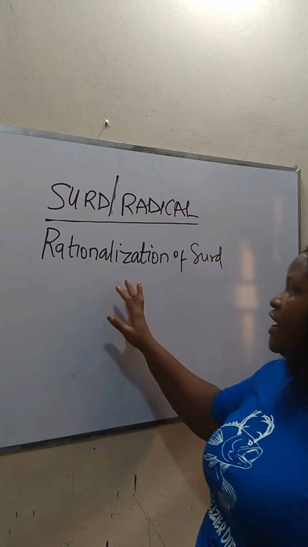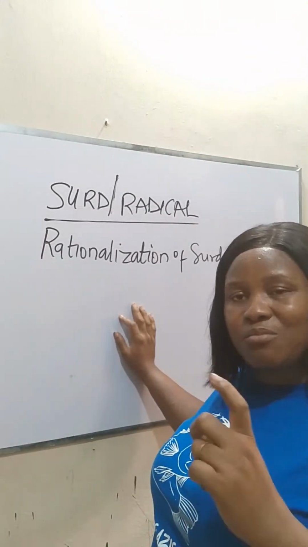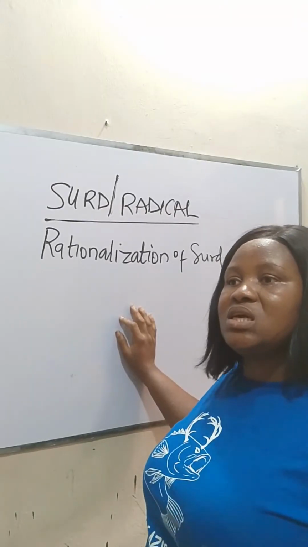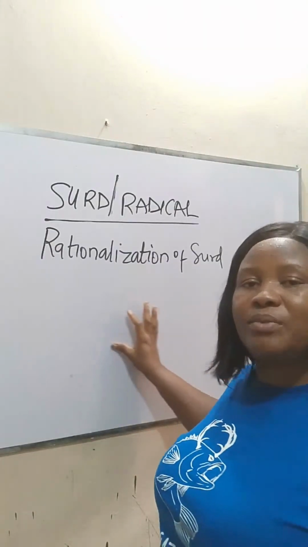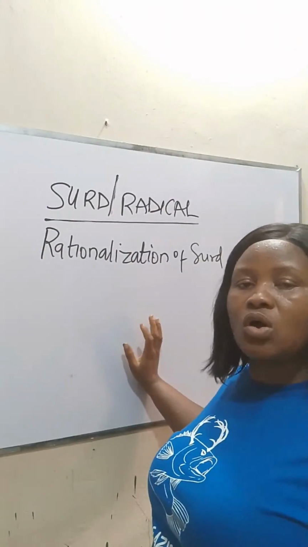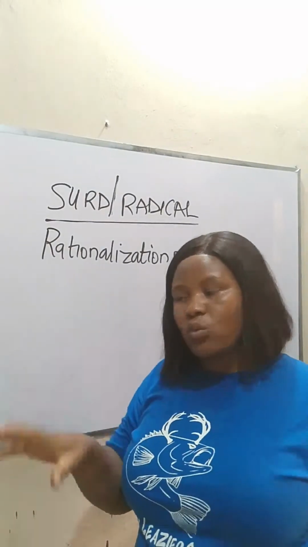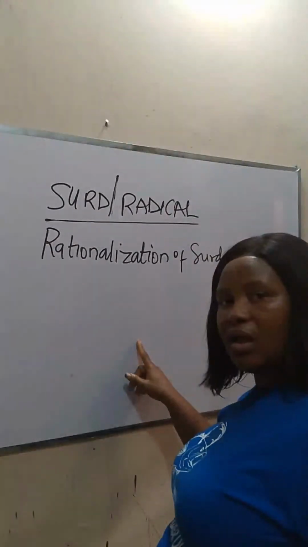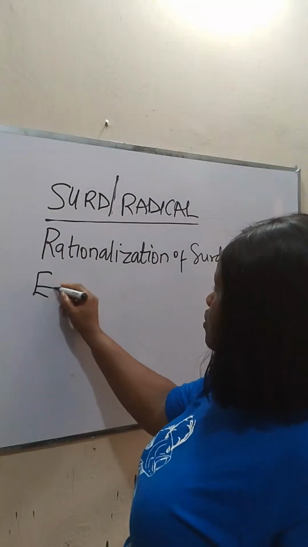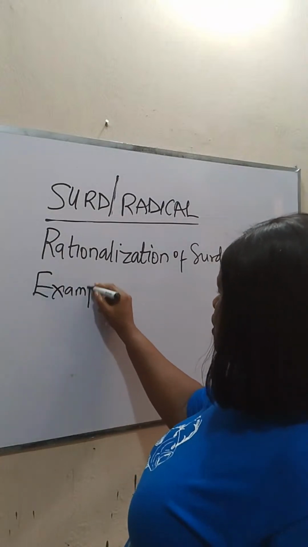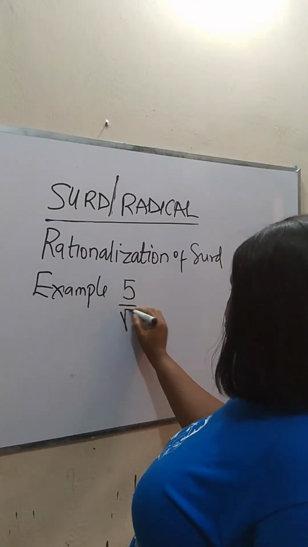Now, rationalization of surd is simply doing one thing. The aim is to make sure that a surd is not left as the denominator of a given surd expression that is simplified. Rationalization simply takes away that radical from the denominator. Let's take for example 5 all over root 3.